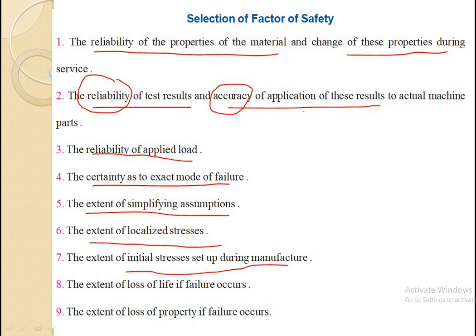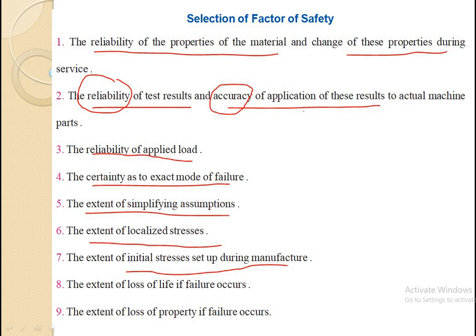If initial stresses are set up in that component during the process of manufacturing, say thermal stresses, or if there are any kinds of pitfalls or manufacturing defects in the element, then these stresses also play an important role in deciding the breaking stress of that component.